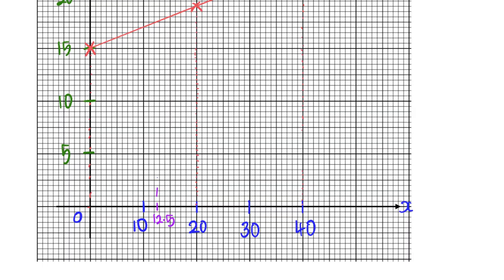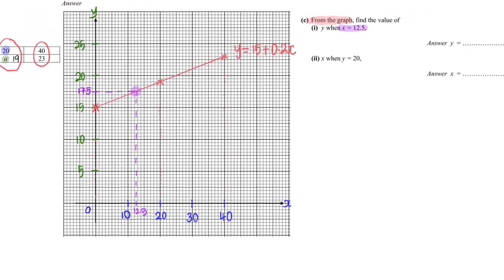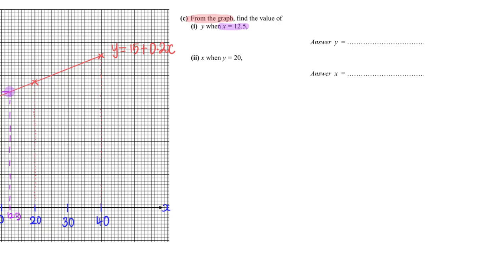And I am going to go all the way up to the graph, which is the line that we have just drawn, and find at this particular point here what is the corresponding y coordinate? 17.5. And once we have that, we've got the answer for it: 17.5.